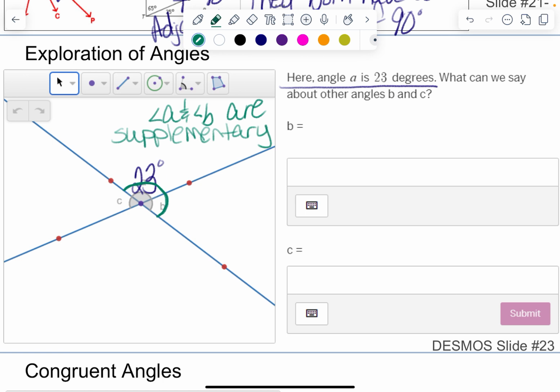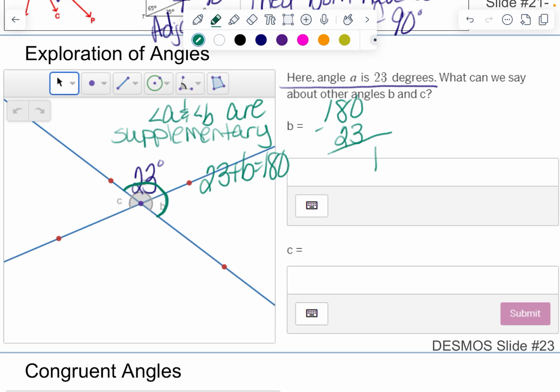So the sum is going to be 180. So angle A is 23 plus angle B is going to be 180 degrees. So angle B is going to equal 180 minus 23, which is 157.